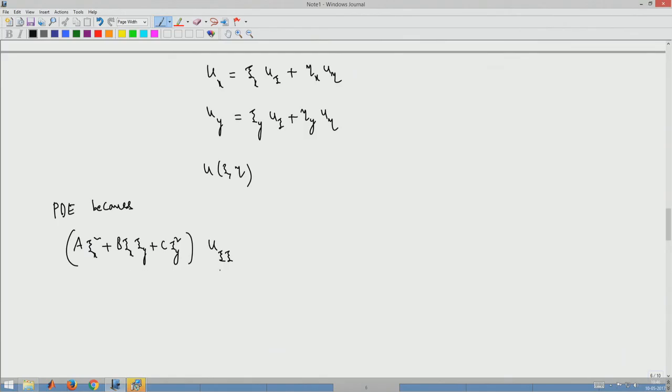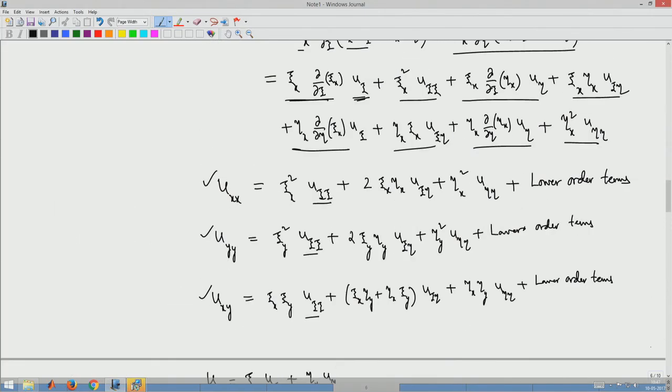So, I would collect the terms of higher order, that is u ξξ, now this plus, I will write now what I have for the coefficient of u ξη. You will see that it is going to be 2a ξx ηx plus b times, okay, 2a ξx ηx, that is what you have seen, right.